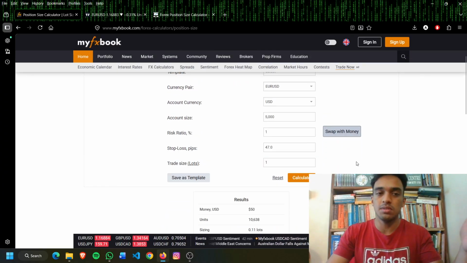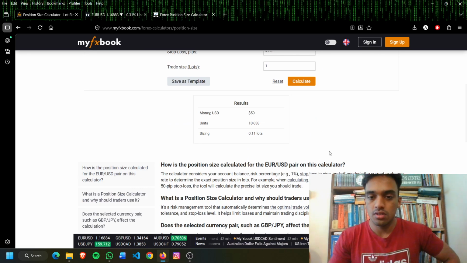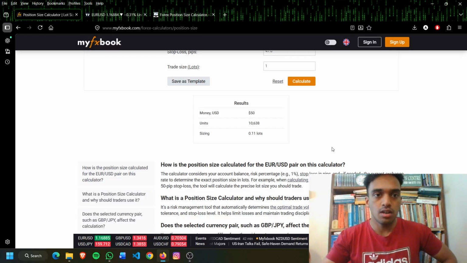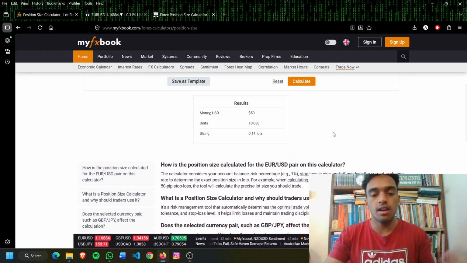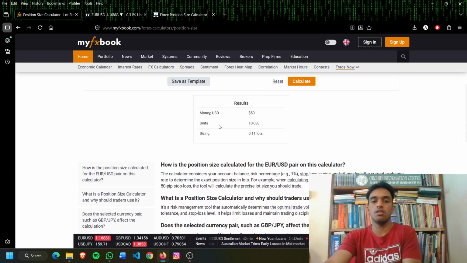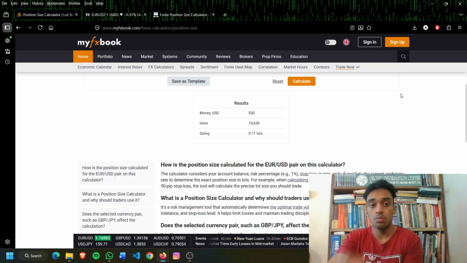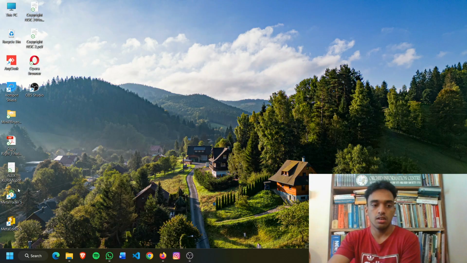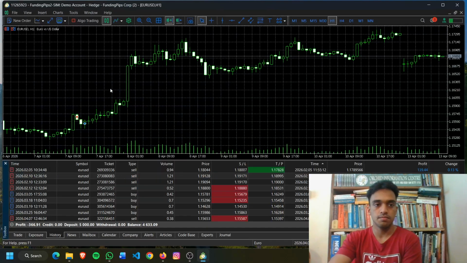This is a website which I use more, but there are other websites too. You can even go for ChatGPT. The amount of money you are going to lose is $50, and the size is this. I'm going to show it in MT5, MetaTrader.